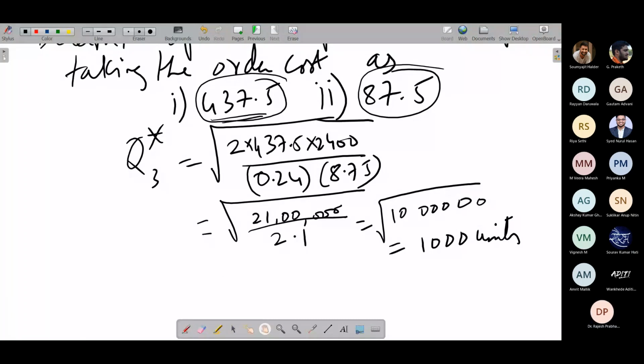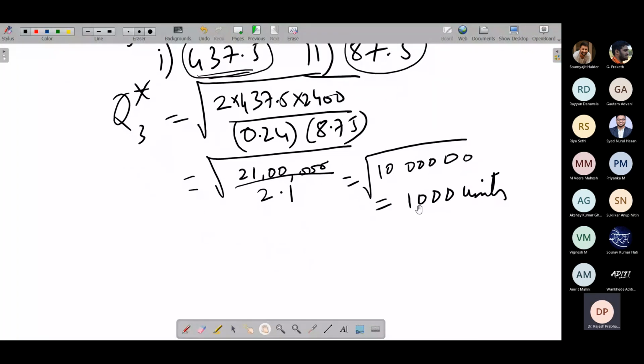So for Q3, the optimum quantity is 1000 units.